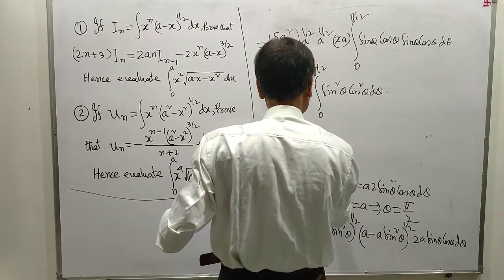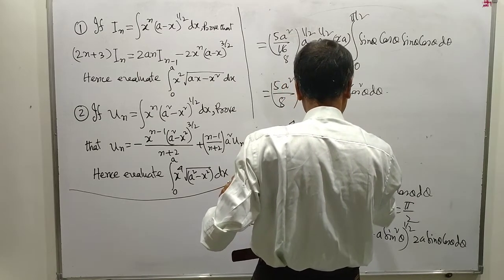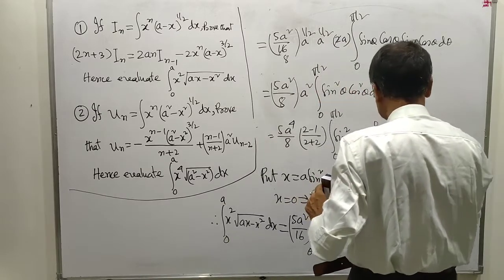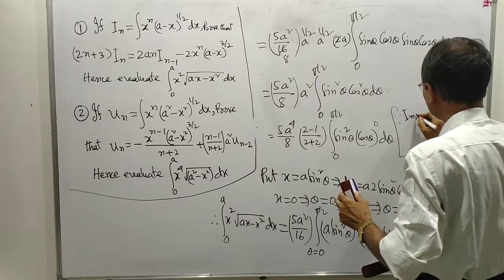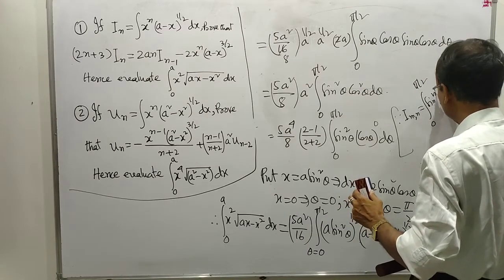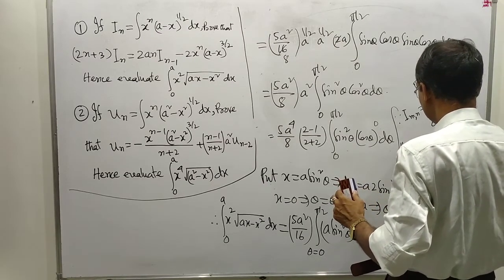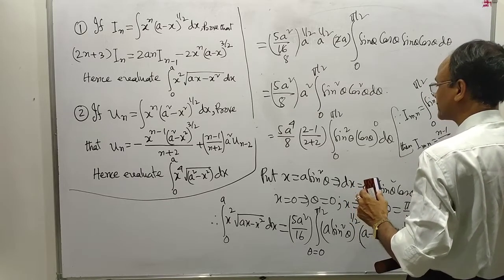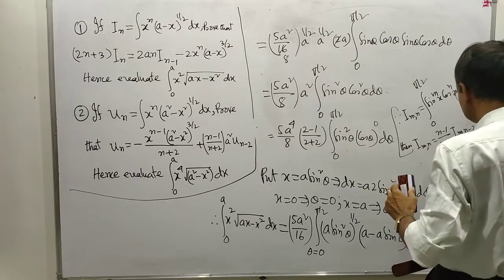You may write here 2 minus 1 divided by 2 plus 2, integration 0 to pi by 2, sin square theta into cos theta whole to the power 0 d theta. Since this is 0 to pi by 2, I told you earlier, sin to the power m x cos to the power n x dx, then I m is equal to n minus 1 by m plus n, I m minus 2.